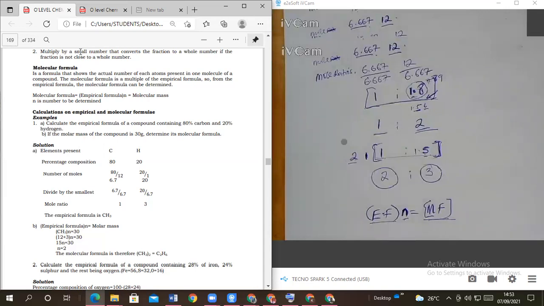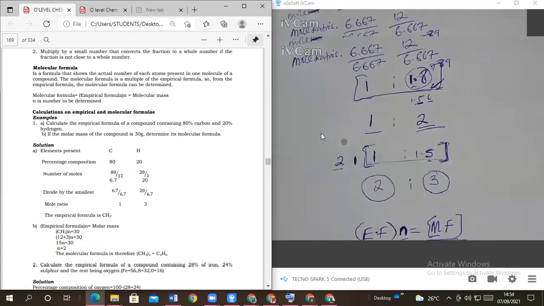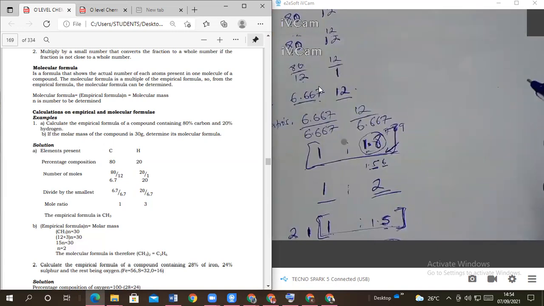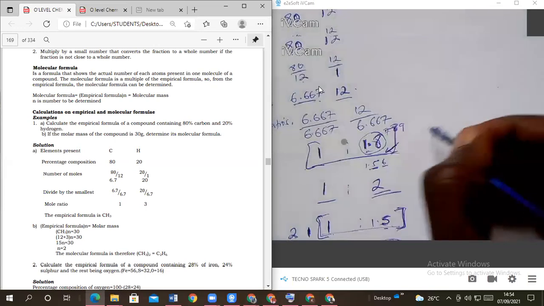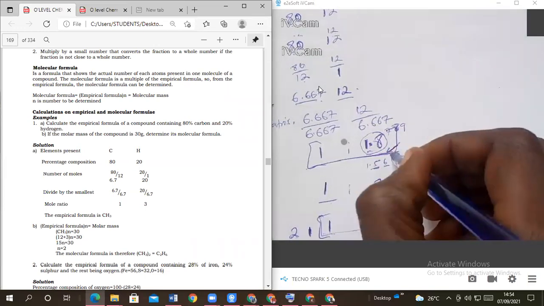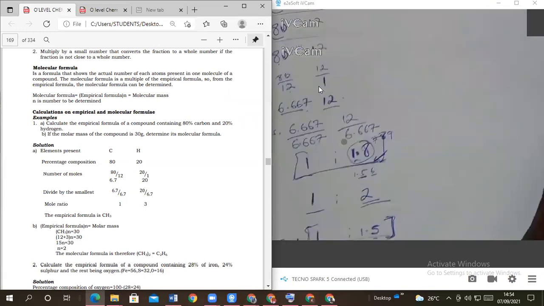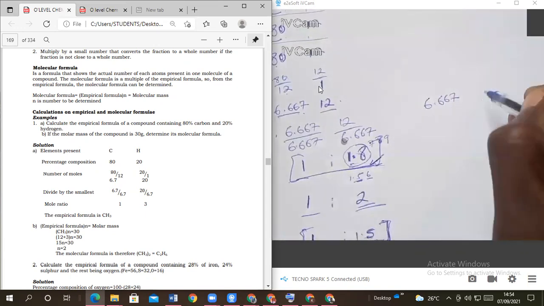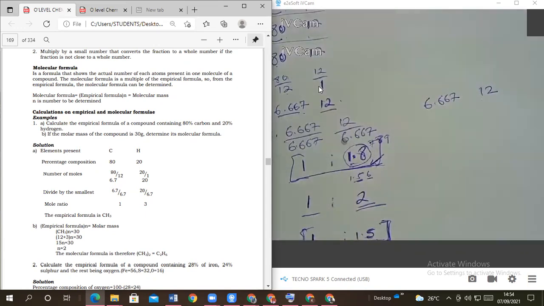I didn't understand where you round off, like you were saying 1 is like where 1 is 2, 1.8. Yes, where you round, you were saying. Now here at this step, we got a number that has this 6.667 and then 12, isn't it?